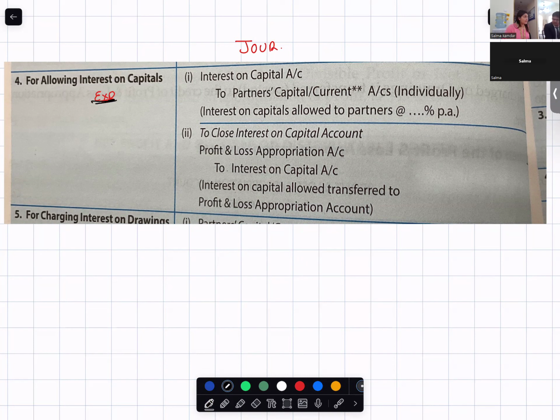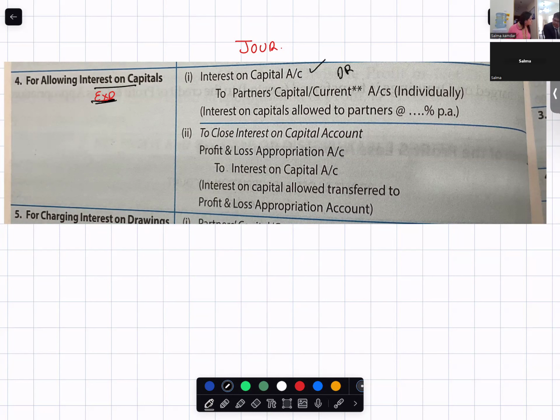Debit all expenses and losses, credit all income and gain. So interest on capital is an expense for the firm. So I would say interest on capital debit.